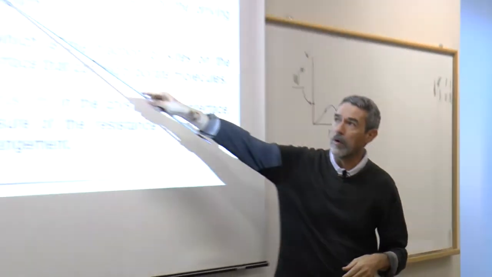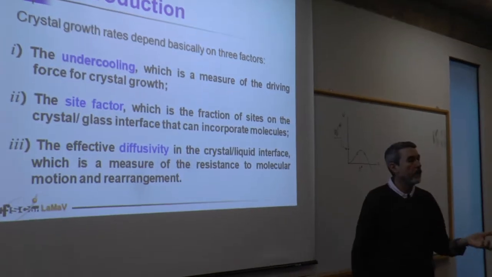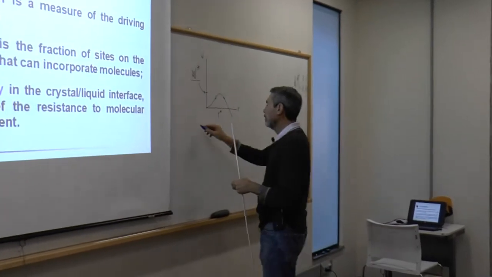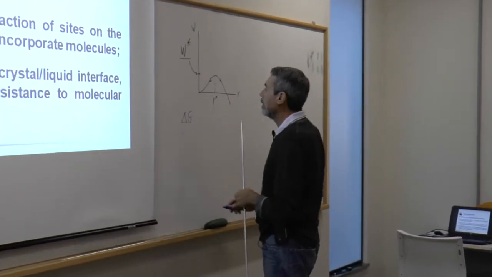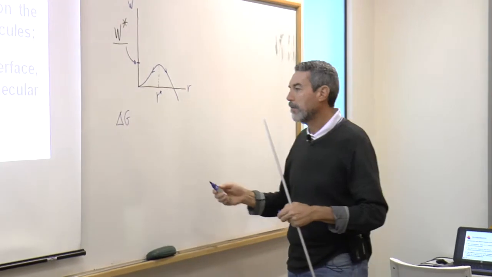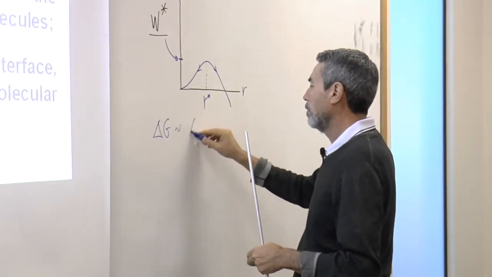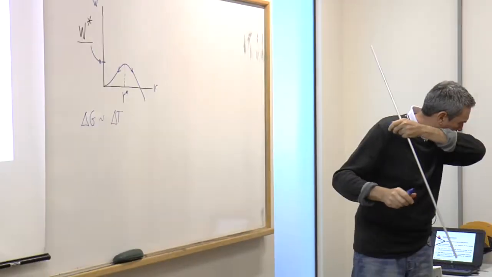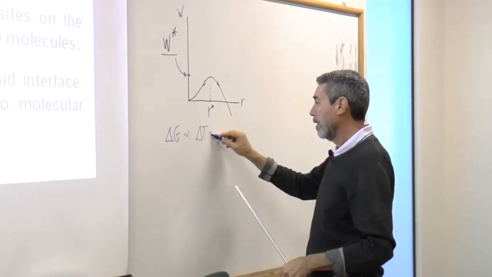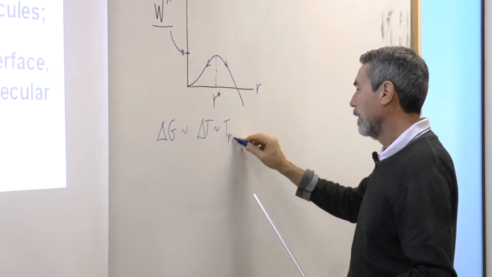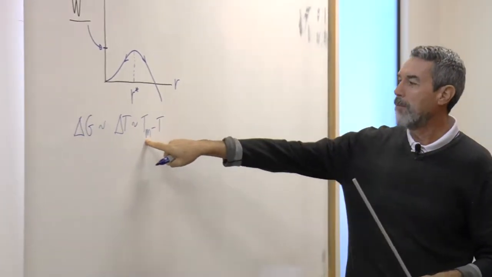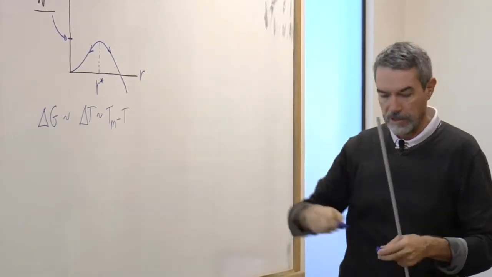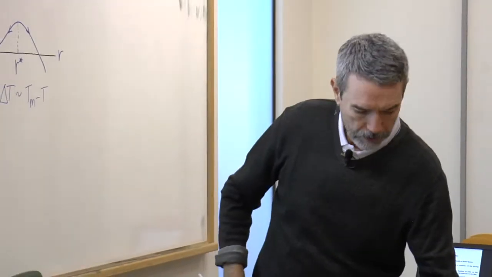And the undercooling, of course, appears in both nucleation and growth, because if you recall, delta G, the difference in free energy between the supercooled liquid and the crystal, depends on delta T, the undercooling. The undercooling is proportional to the difference between the melting point of the crystal and the actual temperature where we are studying the system. All right.